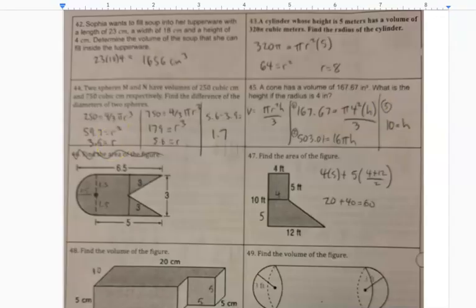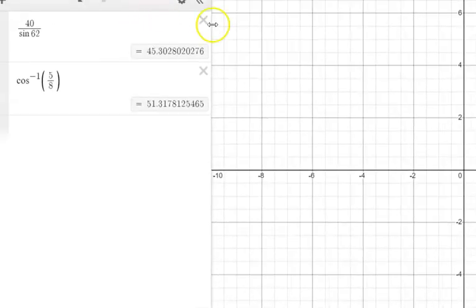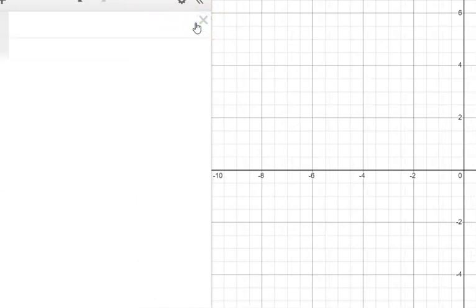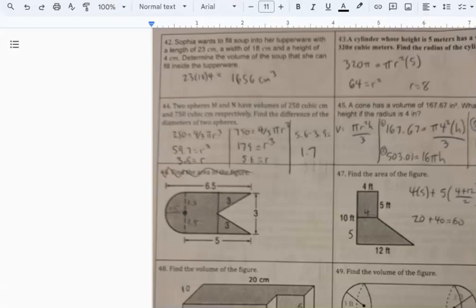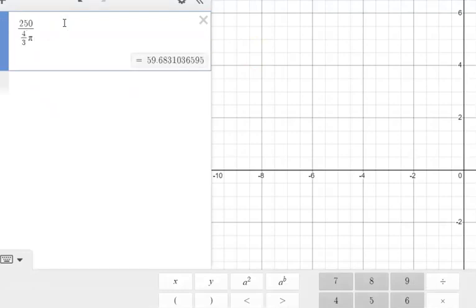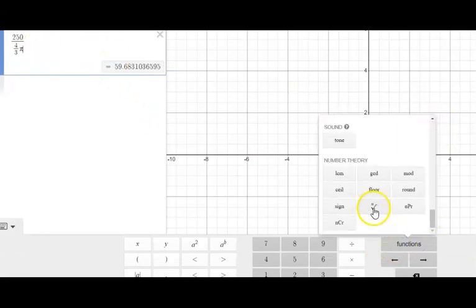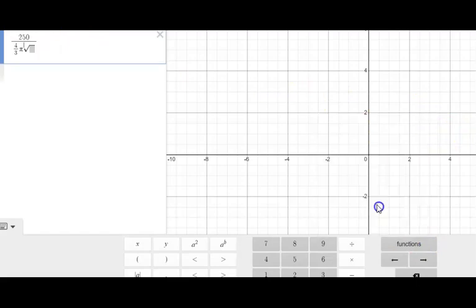So just to show you on Desmos, I type 250, and then I divide by 4/3 pi, and I get that number. In Desmos, if you go to the bottom, click functions, go all the way to the bottom, you see this root thing.